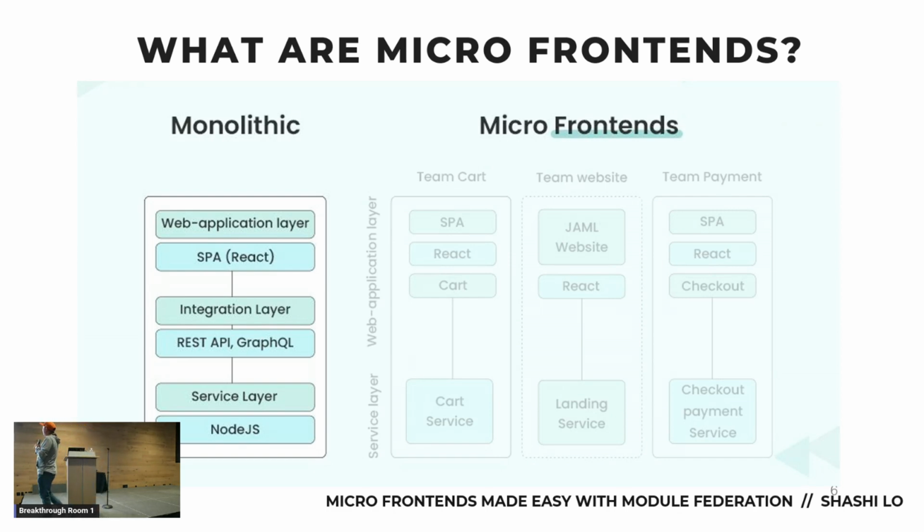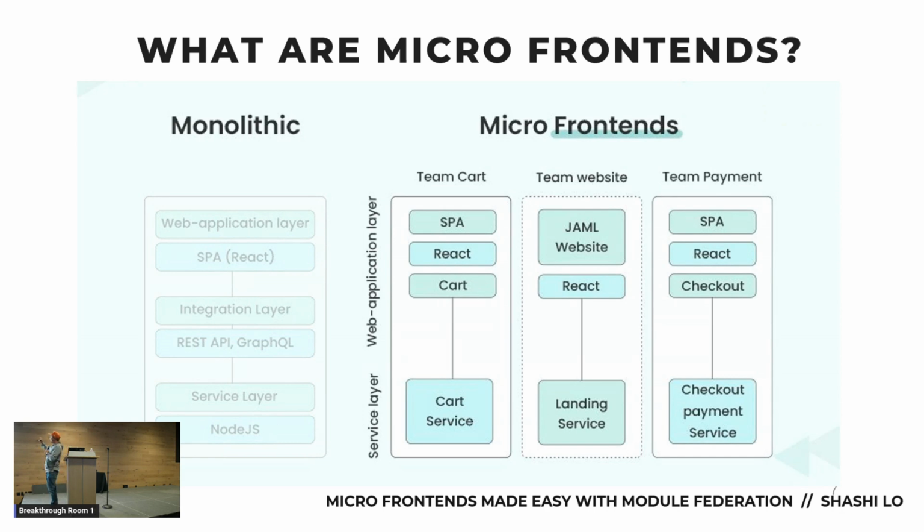So if the payment team wanted to upgrade React version 16 to 19, they would have to communicate to the website team, the cart team, and even the platform team that ingests all of them to ensure that they're all ready and their roadmap is set up so that they can upgrade everything, right? But because they're in a monolith, that's not going to happen for probably another 2 years. And that just sucks. That's just a pain in the. I'm going to let you guys fill that in. I'm not going to say anything.